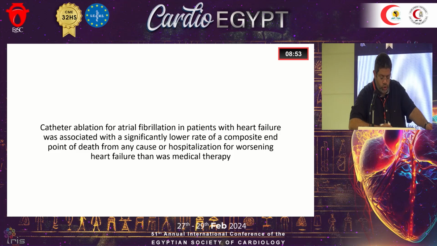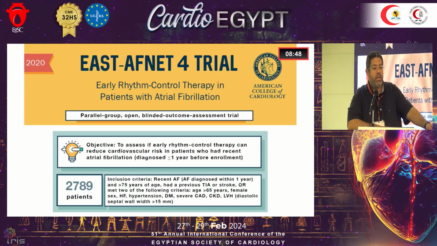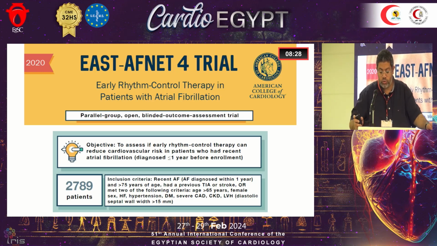Another group in which catheter ablation showed a real benefit are patients early in the course of their disease, less than 1 year from the onset of their atrial fibrillation, enrolled in this important study, the EAST-AFNET 4 study. These were patients with significant comorbidities: old age, previous TIA or stroke, or meeting two of the following criteria: age more than 65, female gender, hypertension, and so forth.